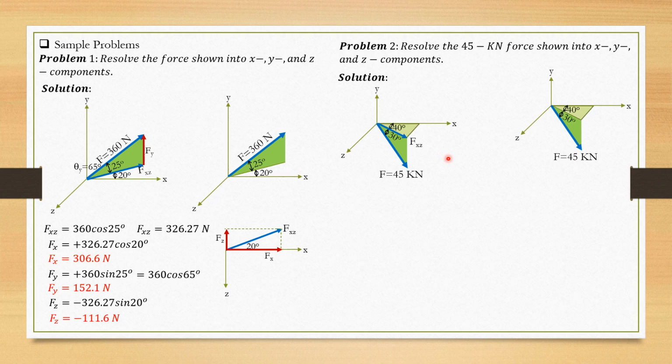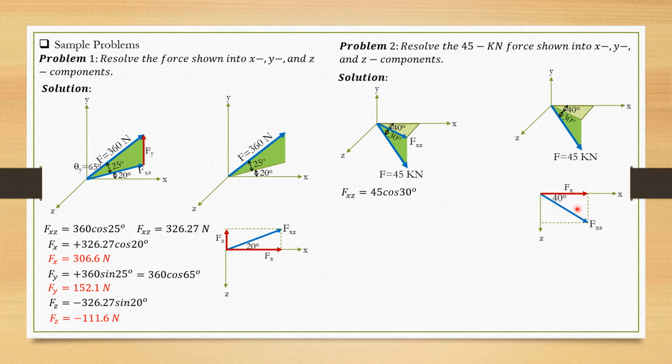That is Fxz. So this is the top view. So that Fxz is shown. This is Fxz, which makes an angle of 40 degrees with the positive x-axis. So that is Fx. So Fx is Fxz cosine of 40.